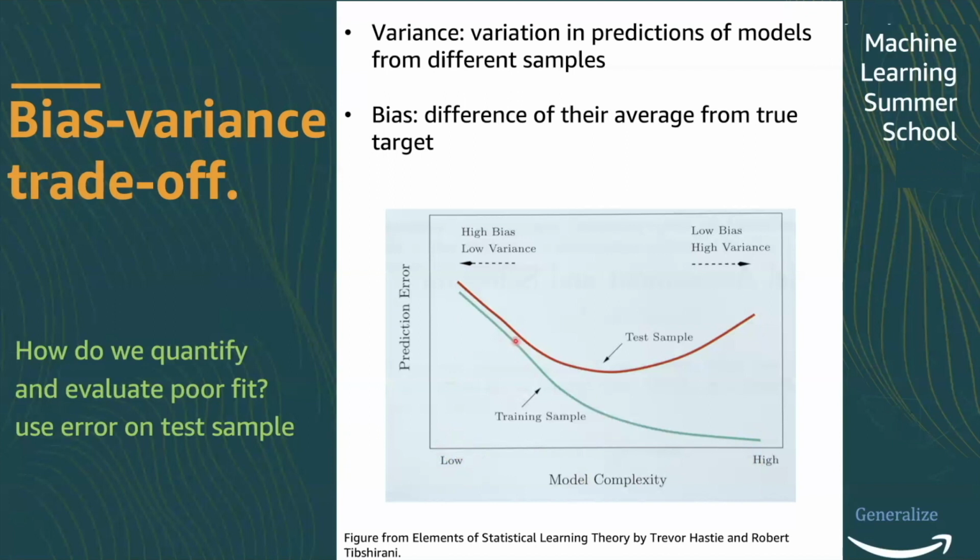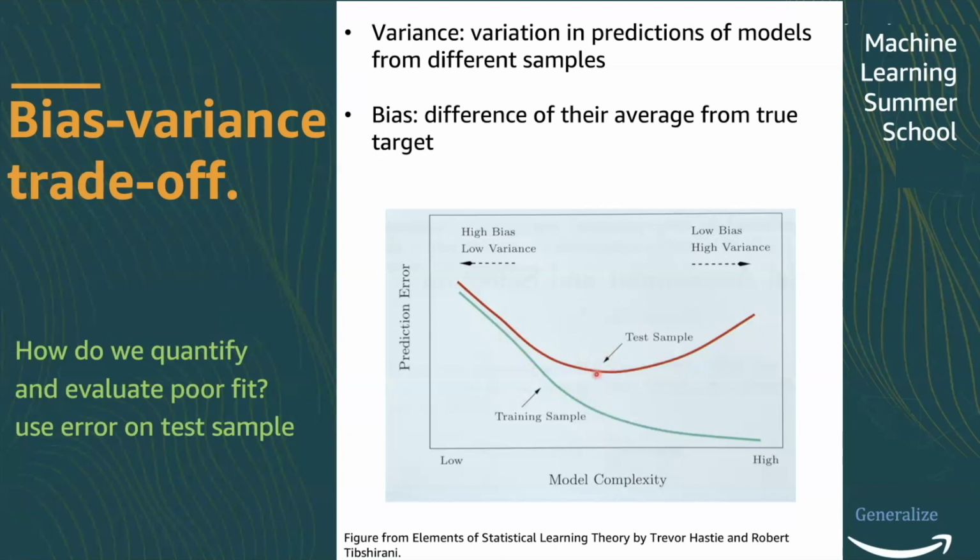So the right thing to do is generate train and test samples correctly. And as you fit models of different complexity, plot both the training error, which is error on the train sample, and the prediction error on the test sample. And pick that model where the error on the test sample is the lowest.